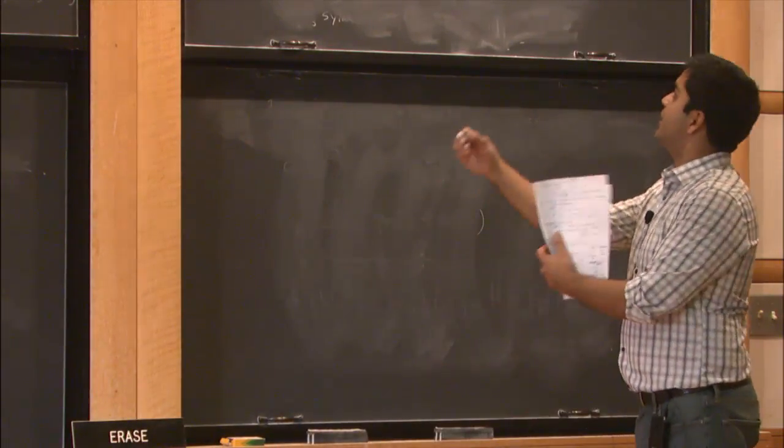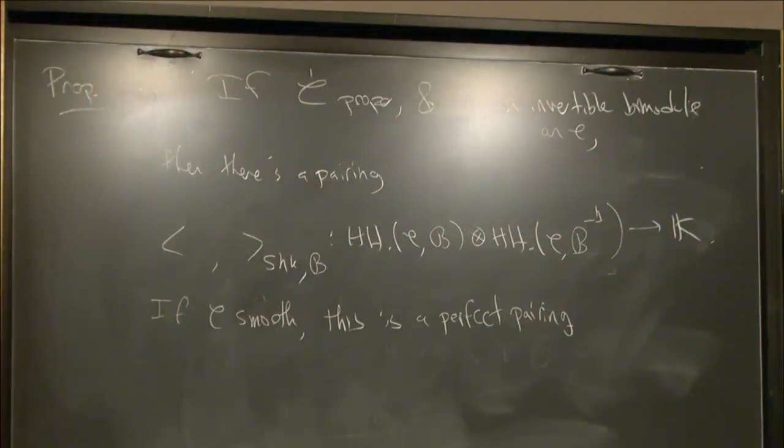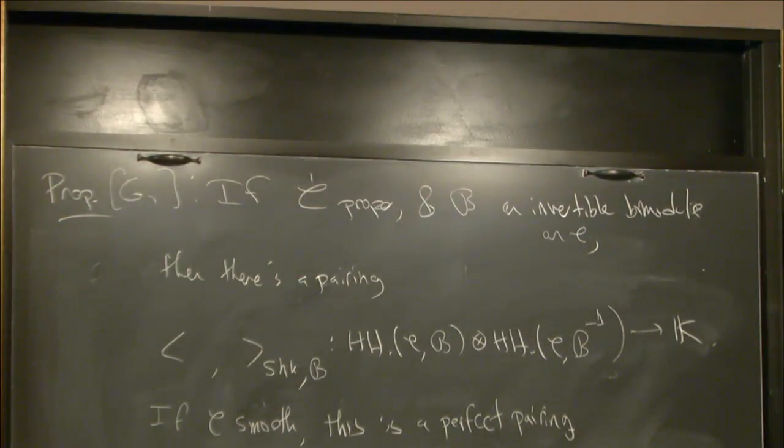So what we need to do, at the end of the day, as we saw last time, is produce a map from the Hochschild homology of C tensor C op in the previous case, but now it's the Hochschild homology with coefficients.